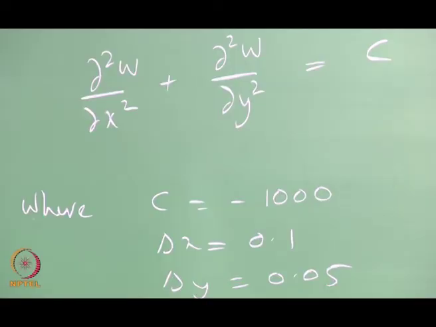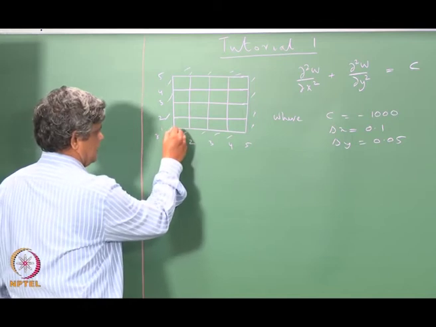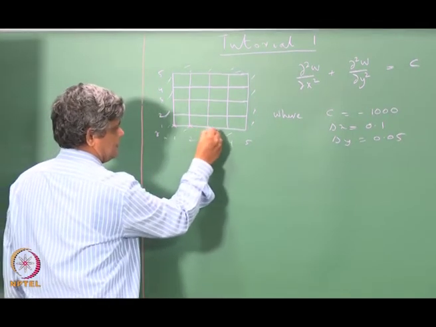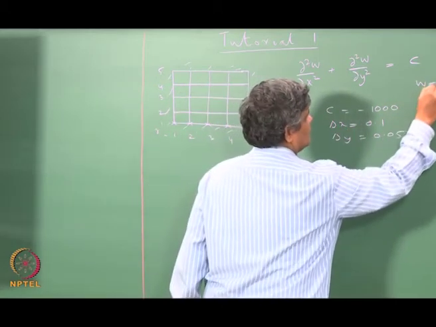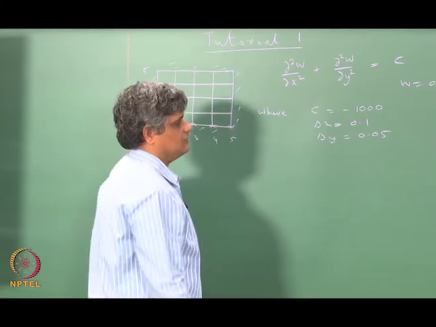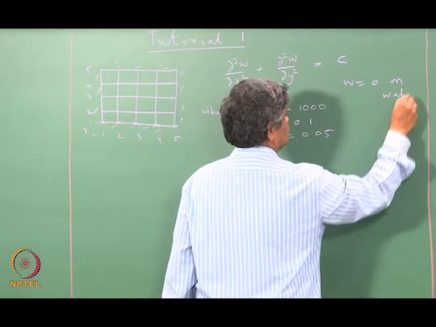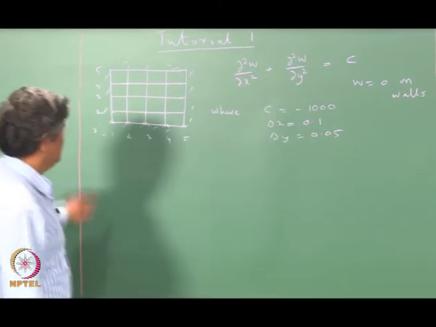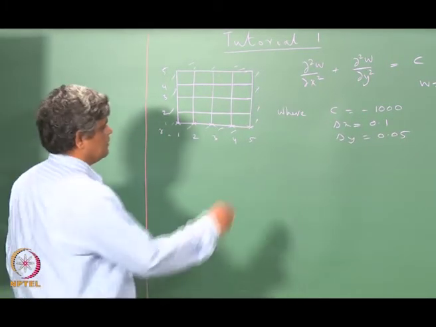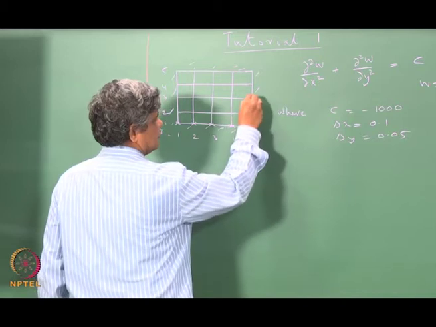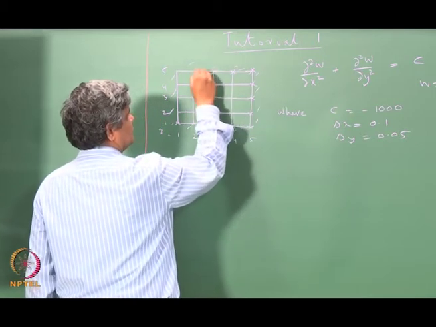Here, when we consider the domain, there are all these points on the boundary where velocity is equal to 0. So, in all the positions where you have crosses, the velocity is known and it is 0.